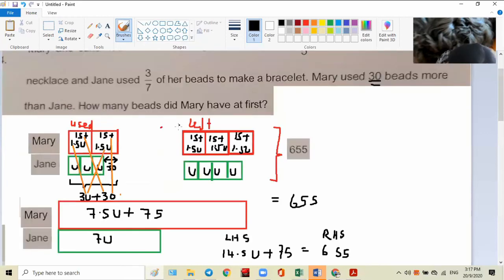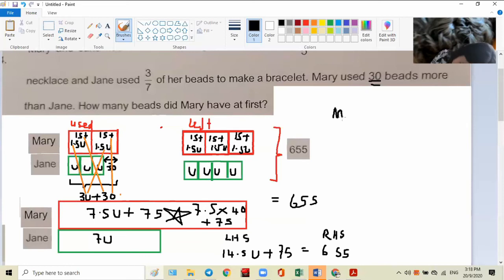Okay, so how many bits did Mary have first? Mary at first will have this. Mary has 7.5 units at first. So it's 7.5 times 40. Don't forget to add 75. That's what Mary has.